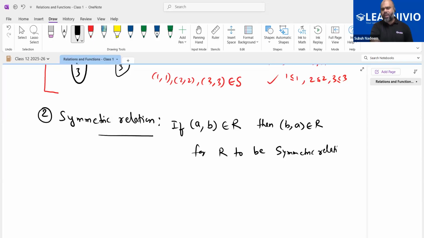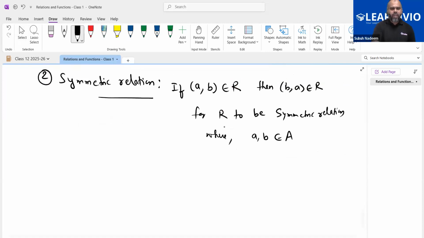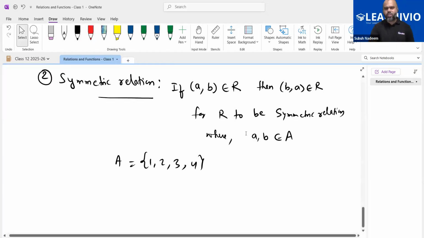And what are A and B? A and B are elements of the set capital A, the set which we are talking about. So for example, suppose I take a set A as 1, 2, 3, and let us take 4 also for a change.